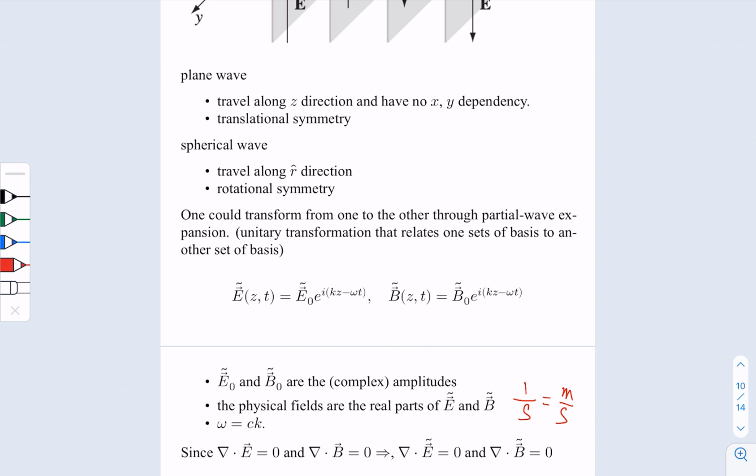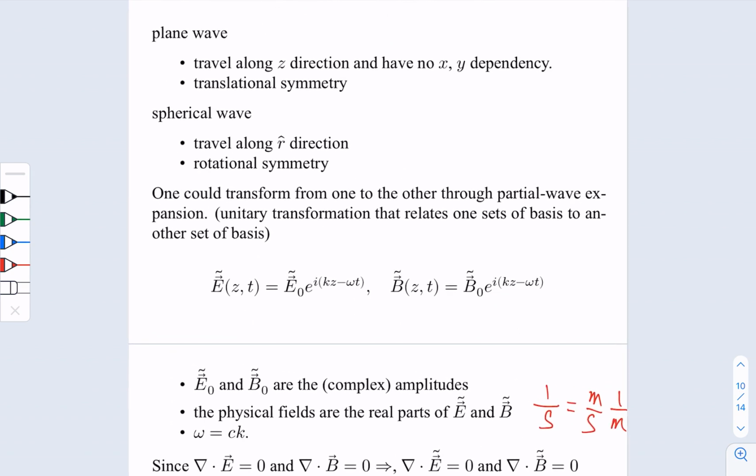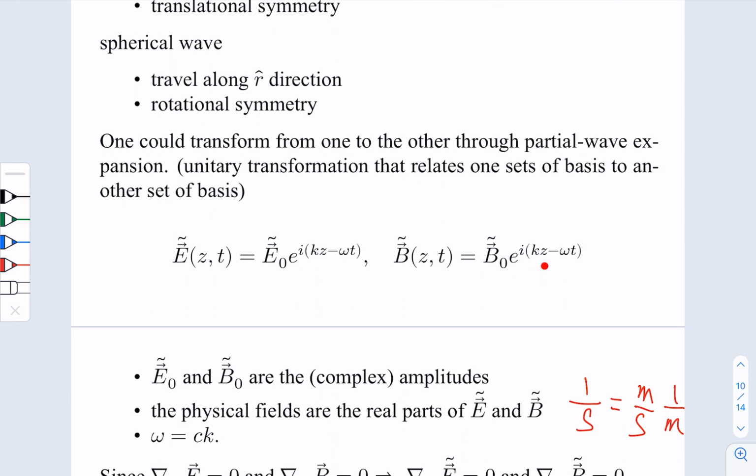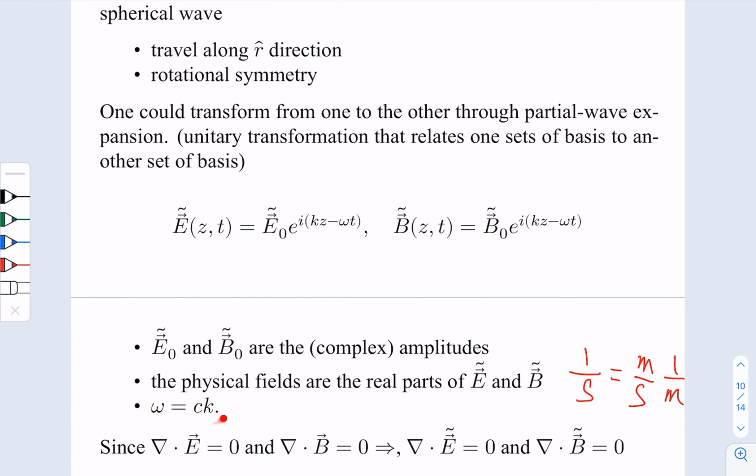So the unit for the wave number k is 1 over meter. You can double check the unit for k by looking at kz. This phase factor kz minus omega t must be dimensionless. Because z has a unit of meter, k must have a unit of 1 over meter. So this relationship in terms of units actually makes sense.